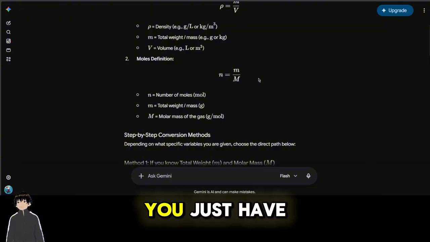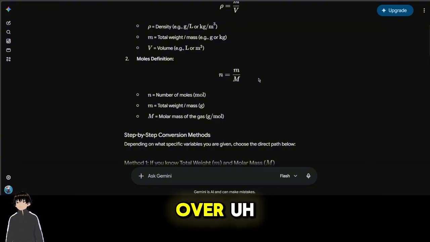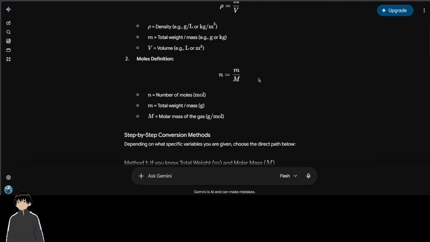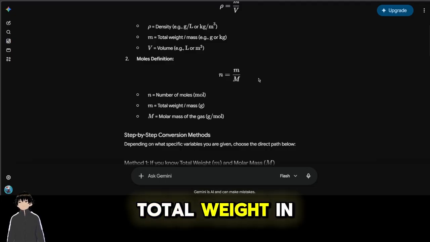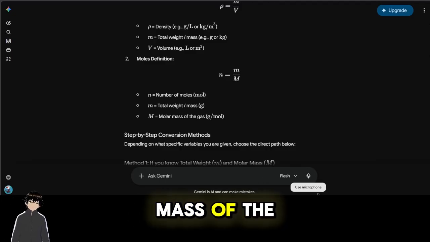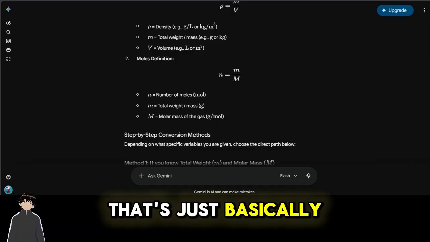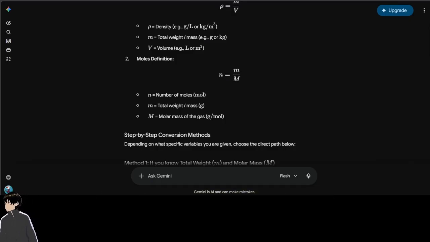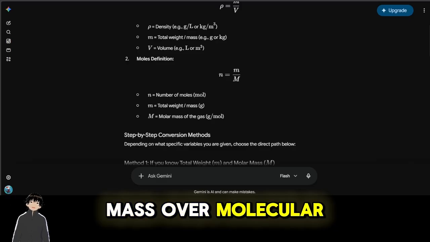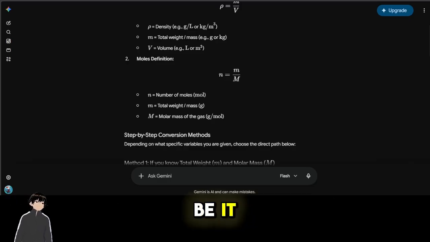If you don't have the moles, you just have to get the total weight in grams and the molar mass of the gas. So that's basically it: mass over molecular weight for n. And that's going to be it.